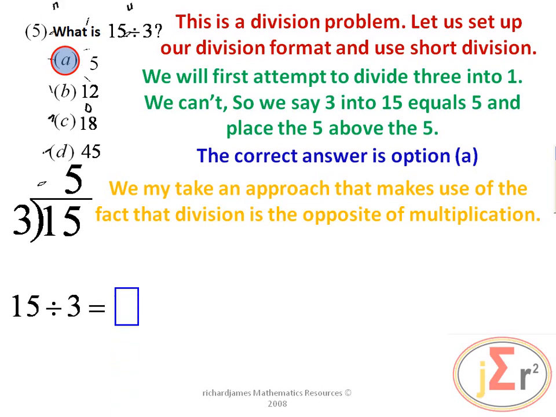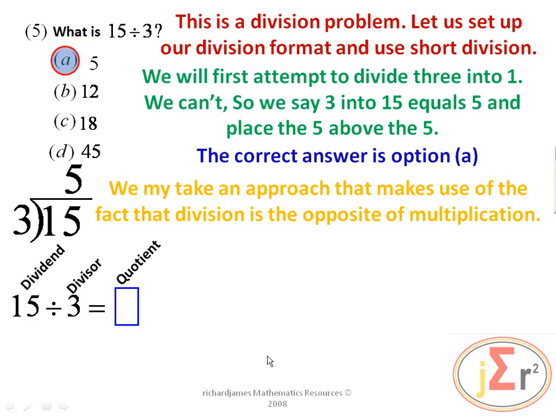So we say 15 divided by 3. What does that mean? It means that we need the number that, when we multiply that number by 3, the result is 15. So what number do we multiply by 3 and the result is 15? Whatever that number is, it will go right here, and it is the same number as if we divide 3 into 15, or we say we divide 15 by 3.